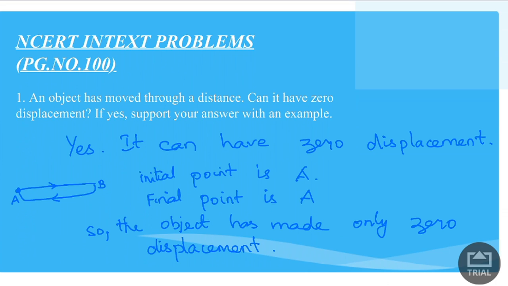When the initial point and the final point are the same, the displacement is zero.